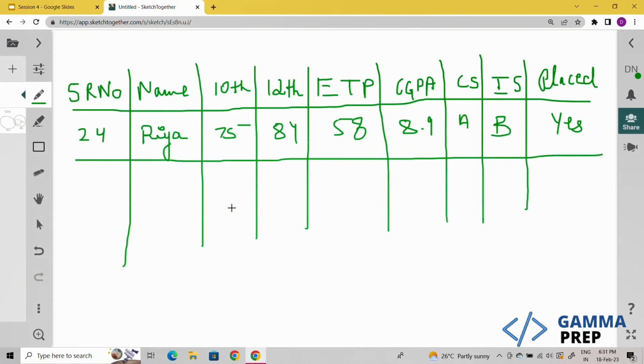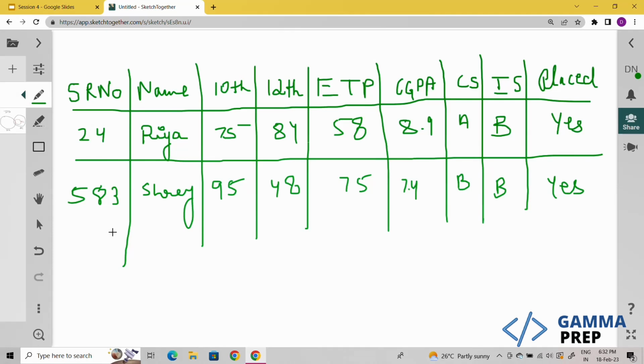Then let's move to the next one. The serial number is 583, the name is Shrey, 10th marks are 95, 12th marks are 48, employability test percentage is 75, CGPA is 7.4, communication skills is B, interpersonal skills is also B, and the person is placed. Let's talk about one more student.